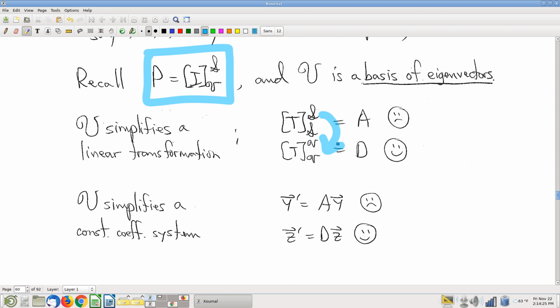Switching from S coordinates to V coordinates, that turns a matrix we don't like into a matrix we love. And likewise, that same change of basis matrix, conjugation, I should say, by that same change of basis matrix, turns a system that we don't like into a system that we do like.